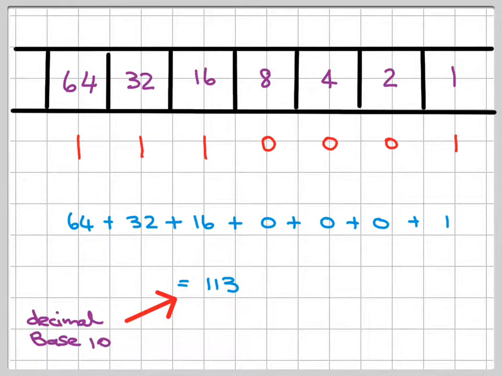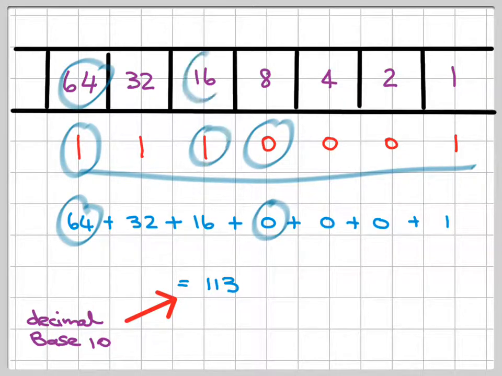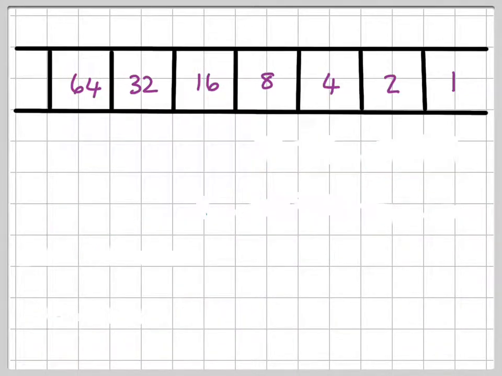And that is the decimal base 10 version of this binary number here. So it's quite simple. Just to recap, if they say 1 of the heading, you add the heading. If they say 0 of the heading, you do a 0. But whenever you've got a 1, you look what it's above, and it's that, 16, you write it there. Okay, right. So now you know how to convert from binary to decimal.